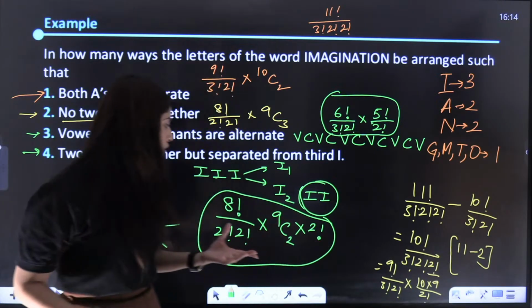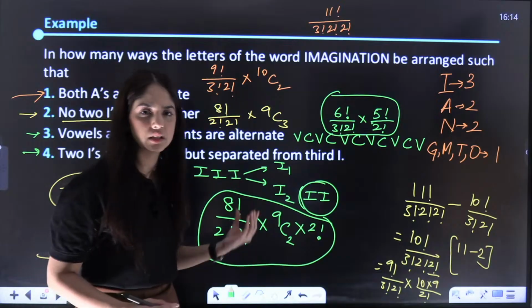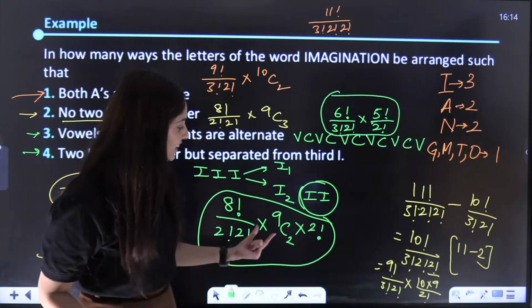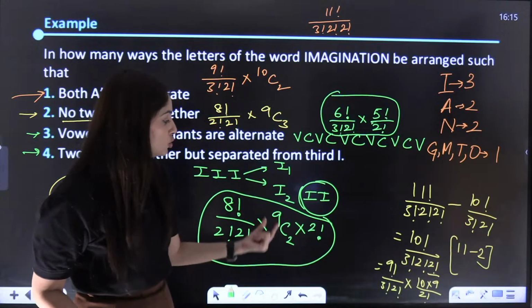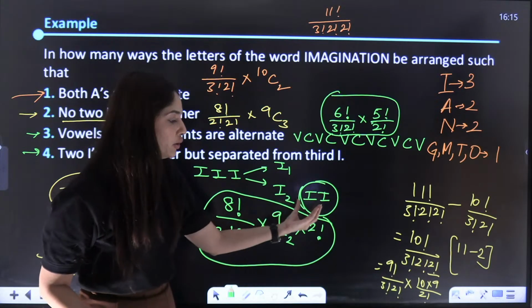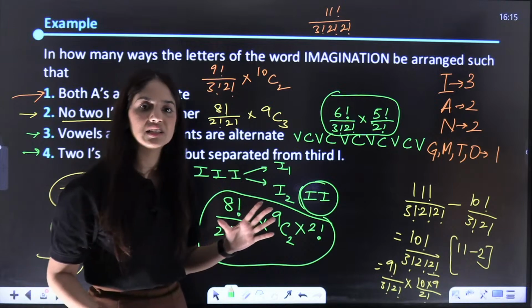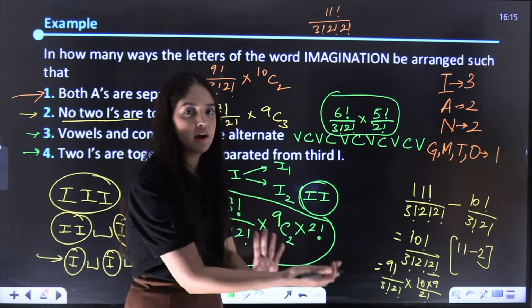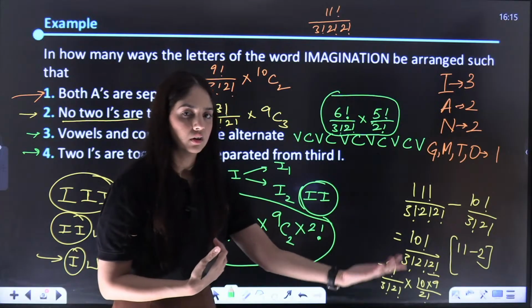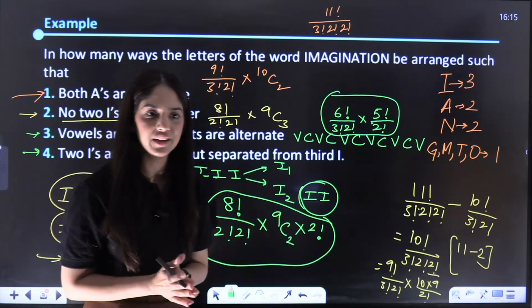Okay, so just like this case, we first arrange the remaining 8 letters, and then instead of finding 3 spaces, we find 2 spaces, because 1 unit is there and 1 unit is this. So we select 2 spaces and then the order can be different. It may be I1 first and then I2, or I2 on the left, I1 after that. So 2 factorial. Okay.